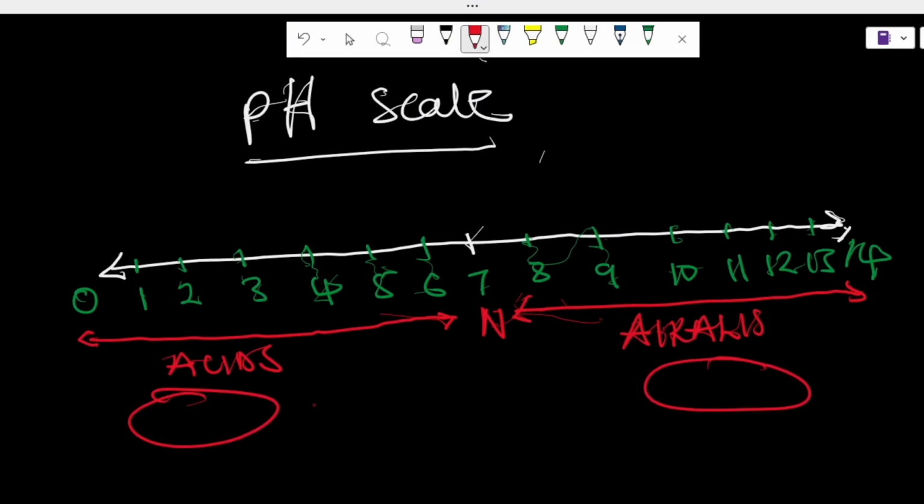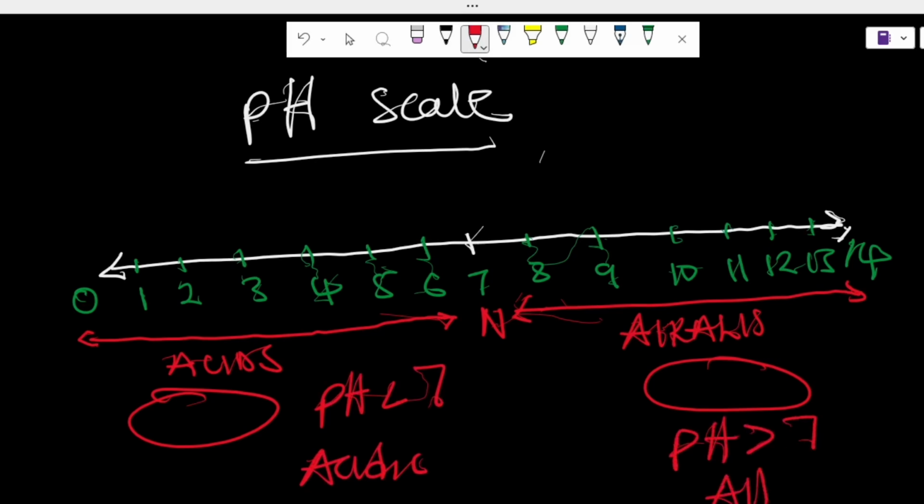Make sure you understand that when the pH is less than 7, it is acidic, whereas when the pH is greater than 7, it is alkaline, and the neutral is 7. Each pH step changes by 1 unit, because you're just moving from 1, 2, 3. Those are some of the things that you want to be familiar with.